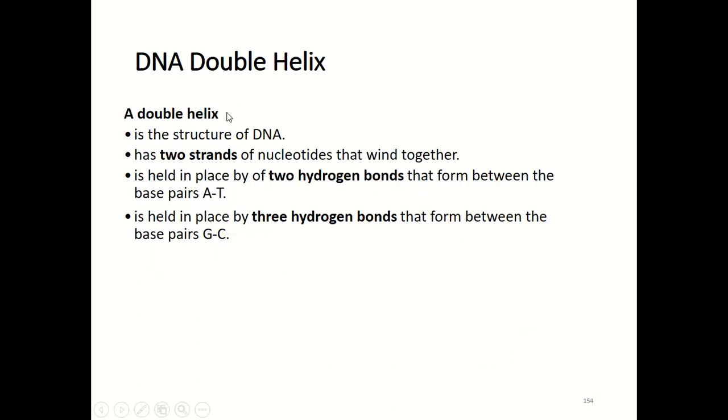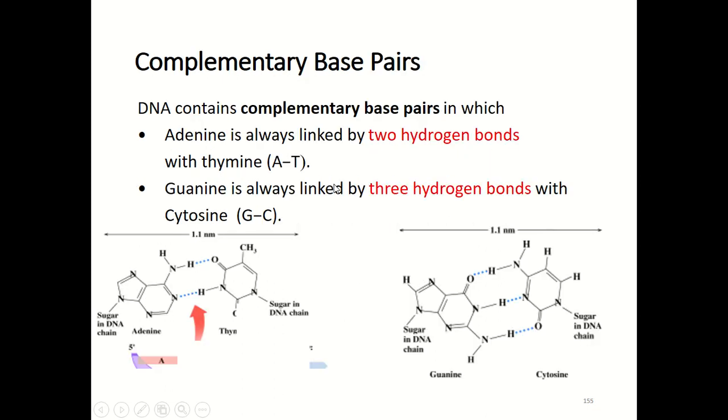So what does it mean by a double helix? A double helix is two strands, because DNA has two strands that wind together. So how do these two strands bond? It is helped by hydrogen bonds. Okay, let's look over here.